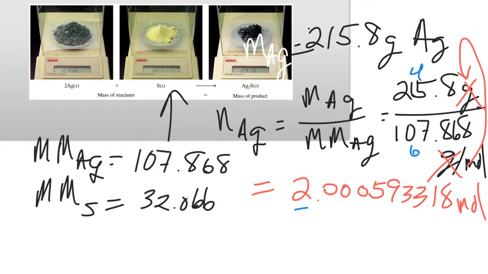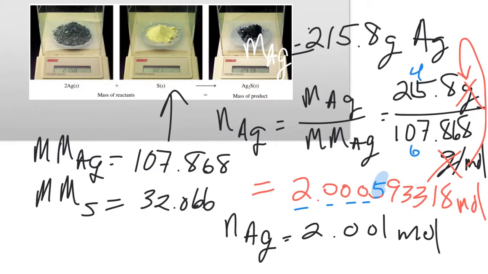So we have 1, 2, 3, 4. And then we look at the next number, which is a 5, making it round up. So we get the number of moles of silver equals 2.001 moles.